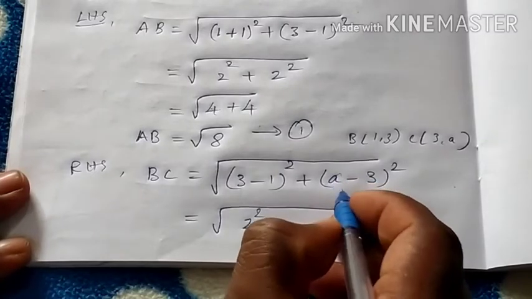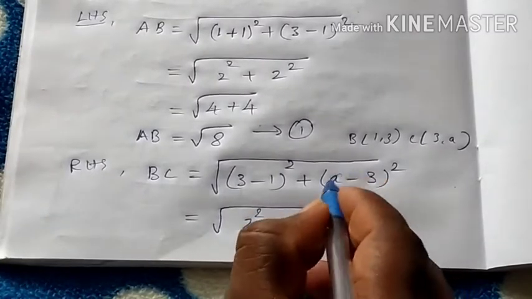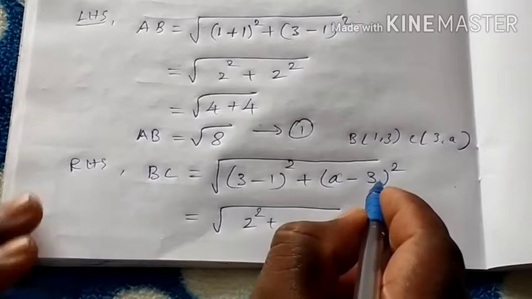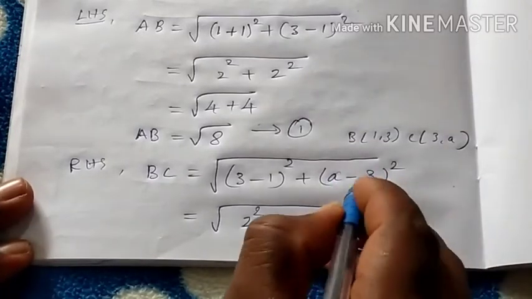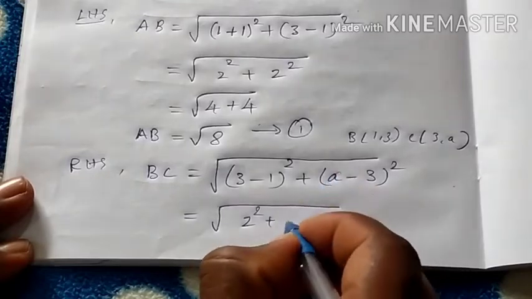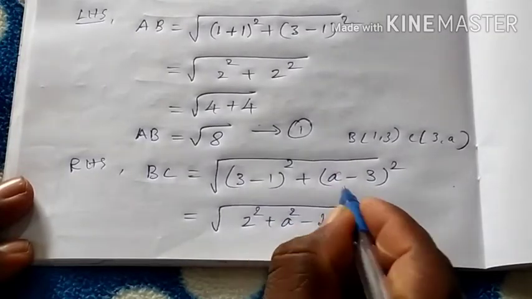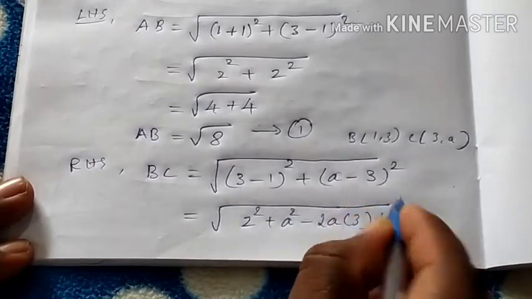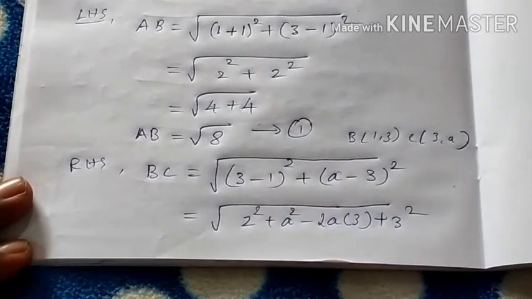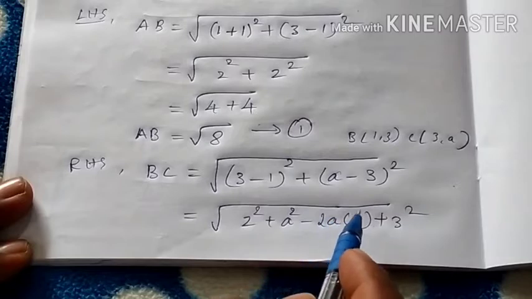Okay, this looks like the (a minus b) the whole square format. Here a is a, b is equal to 3. Apply the formula a squared minus 2ab plus b squared, 3 squared. Have you understood this step? Just apply the algebraic identity.